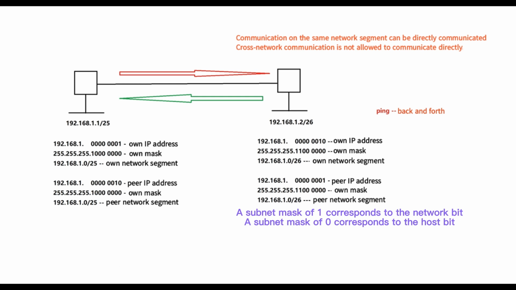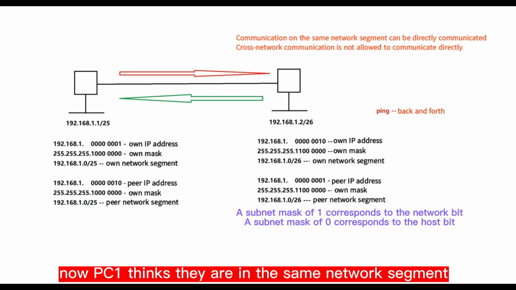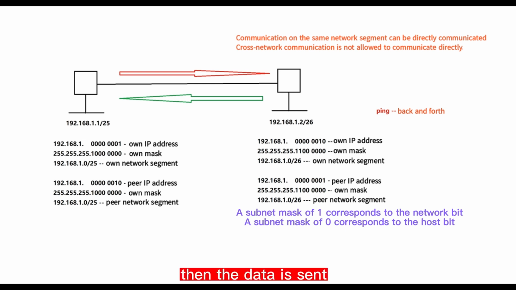You will find, when the calculation is over, the own mask is still 1 on the earlier bits, this bit corresponds to 0, and the last 7 bits are all 0. The calculated result is 192.168.1.0. This is the network segment of the other party calculated by PC1. Now PC1 thinks they are in the same network segment. Then the data is sent.